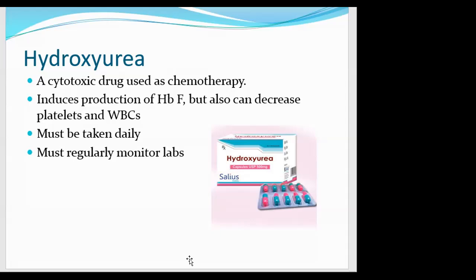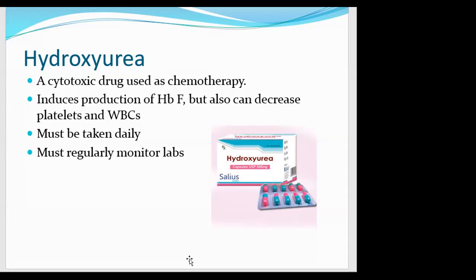But as the family nurse practitioner, as the FNP taking care of a patient with sickle cell disease on hydroxyurea, you may be responsible for helping monitor labs. So the hematologist may require you to take monthly labs or take labs every 3 months or so just to check the counts and make sure they're okay.